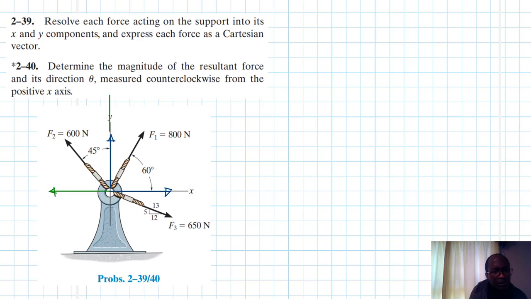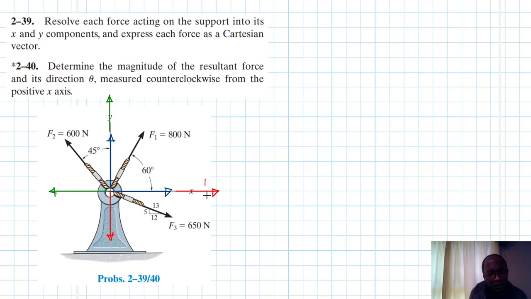And finally, F3 will have a component in this direction, and another component down in this direction. Great, let's label these quickly.